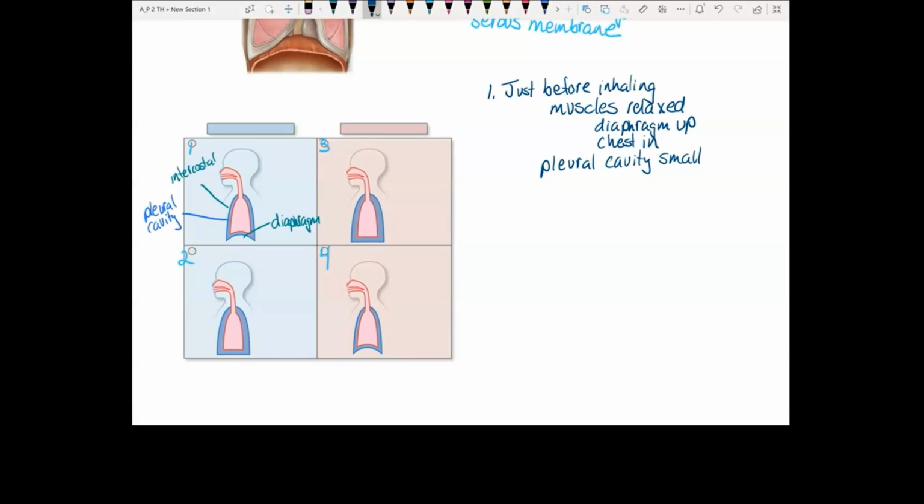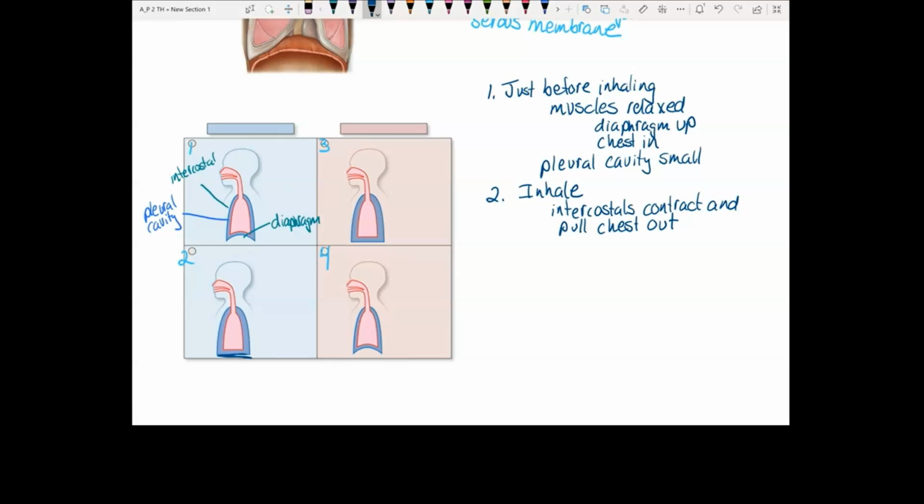Okay, now let's go to picture 2. In picture 2, you inhale. Okay, when you inhale, your chest rises. So your intercostals contract and pull your chest out. At the same time, the diaphragm goes down.